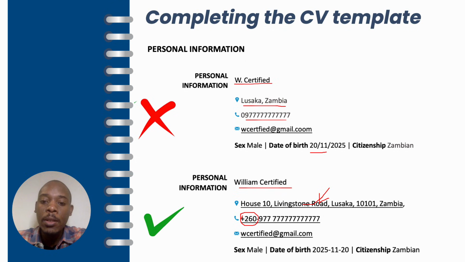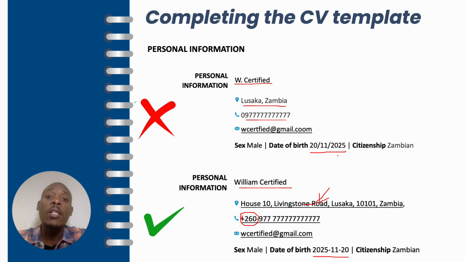Quite all right, this date, as you can see, is different from this date. So follow the exact kind of date that is provided in the form for the CV. The CV requires you to start with the year, the month, and the date.